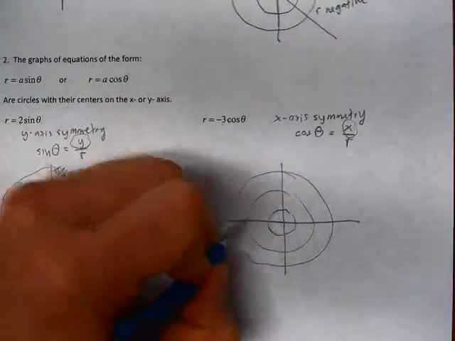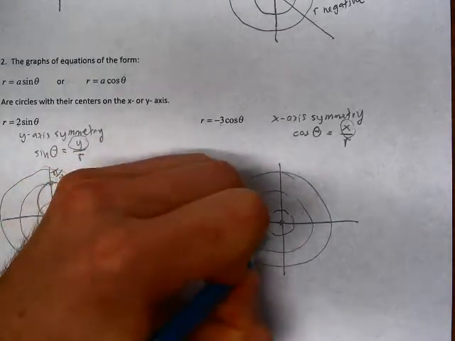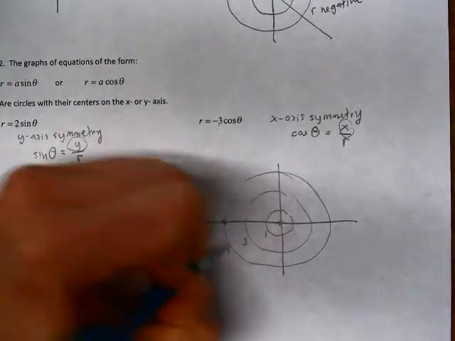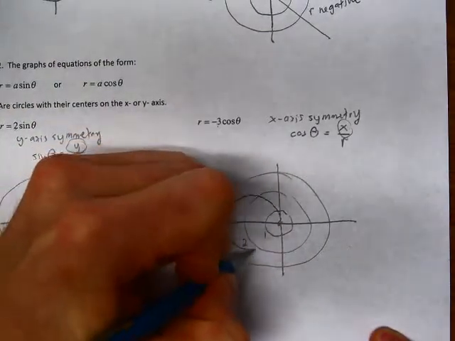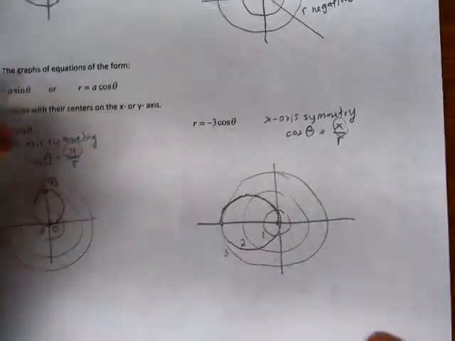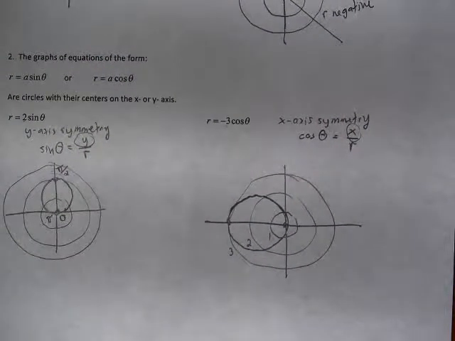So we're going to have a diameter, 1, 2, 3. And we're going to get a circle that has a diameter of 3.